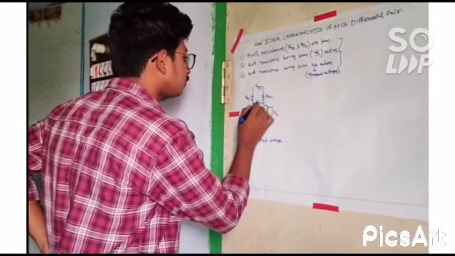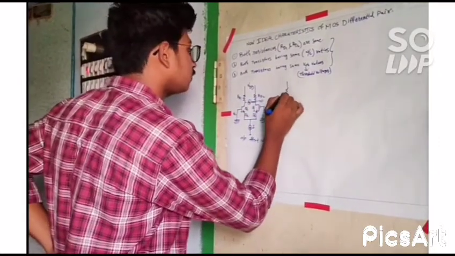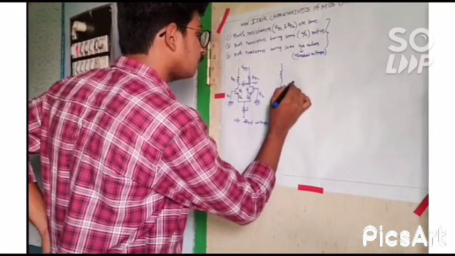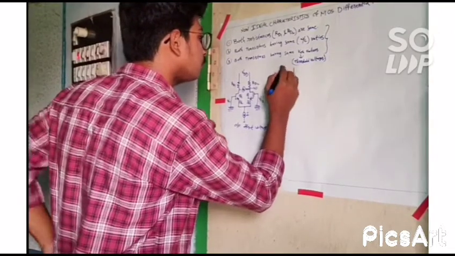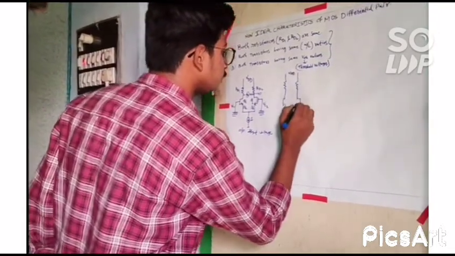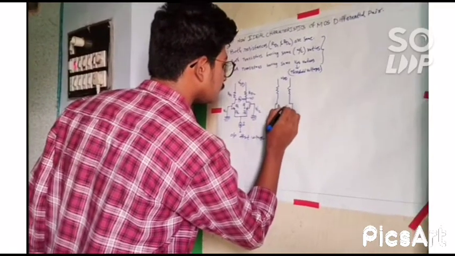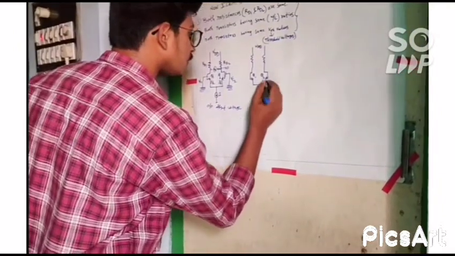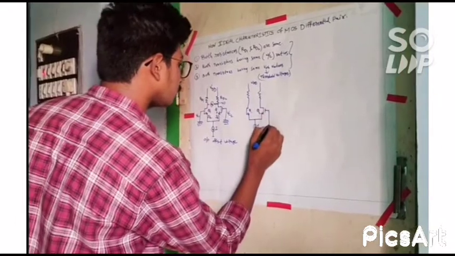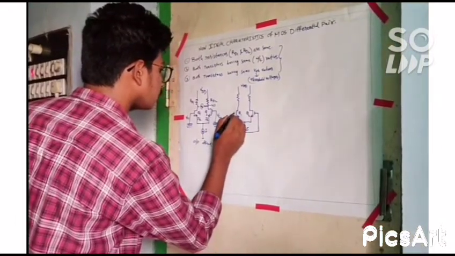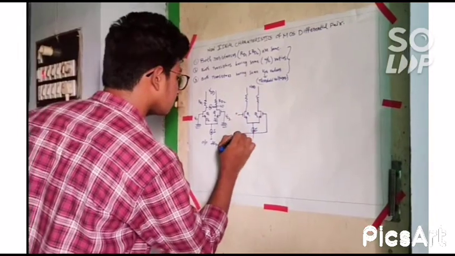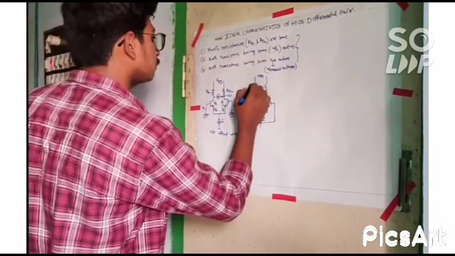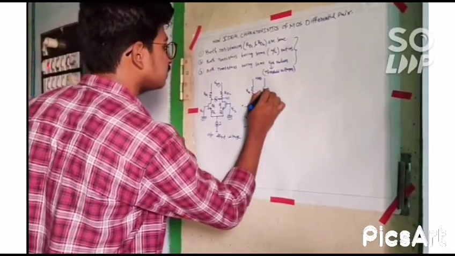And to make this zero, these are the resistances RD1 and RD2.